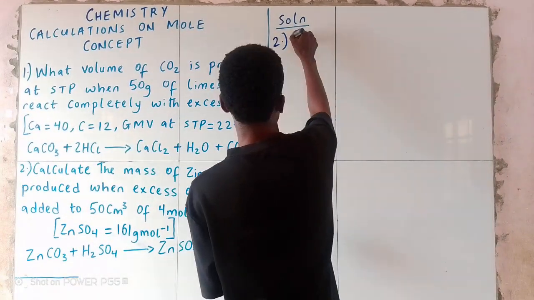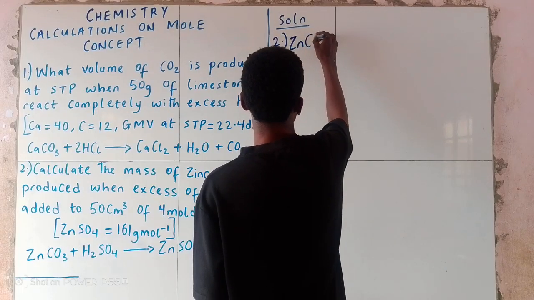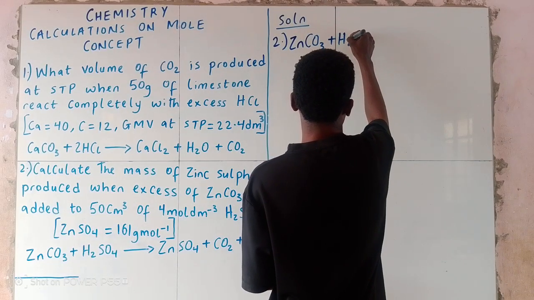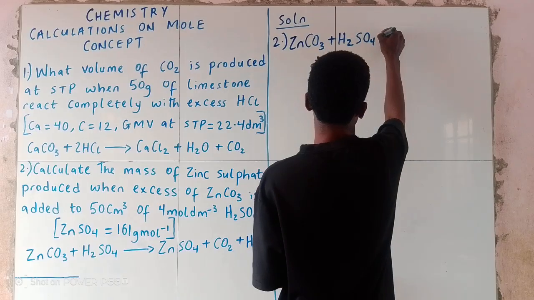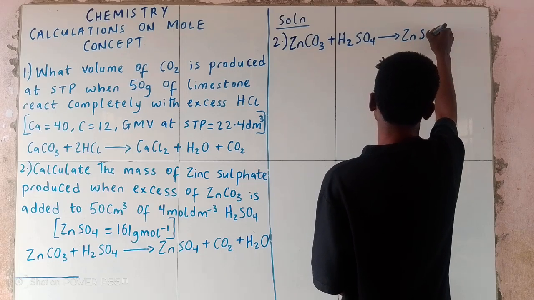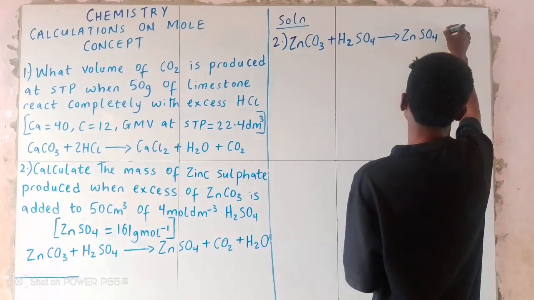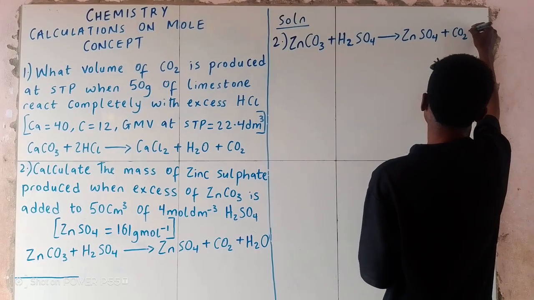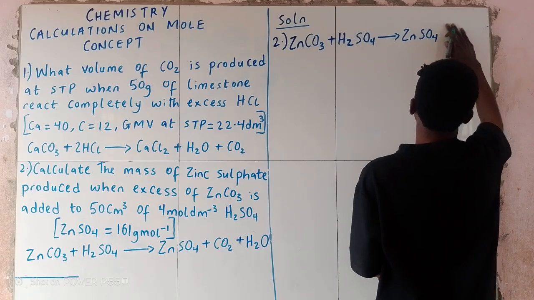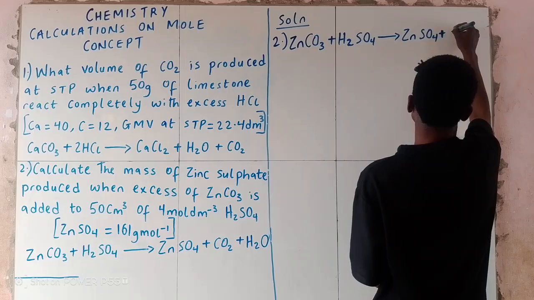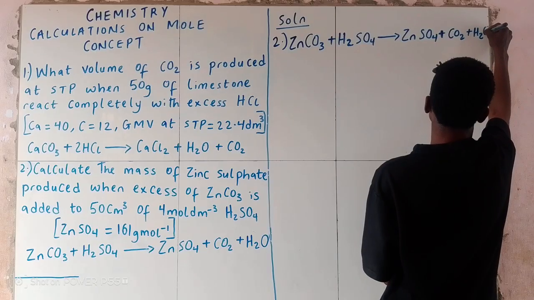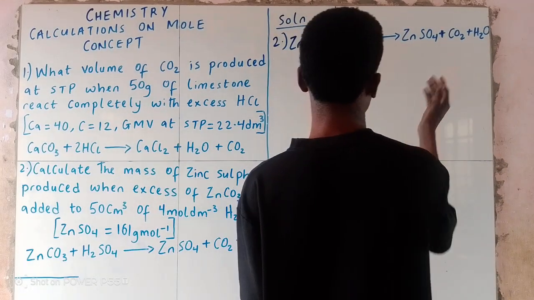So we have zinc carbonate reacting with tetraoxosulfate 6 acid to liberate zinc sulfate, carbon 4 oxide, and water, which is H2O. We have this.